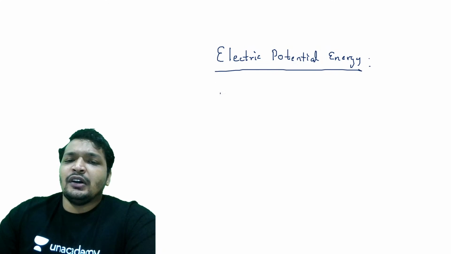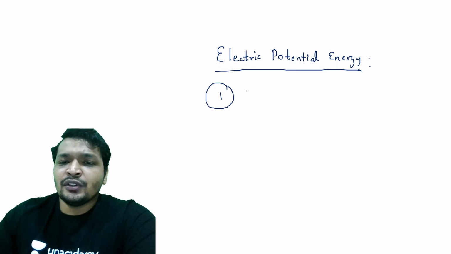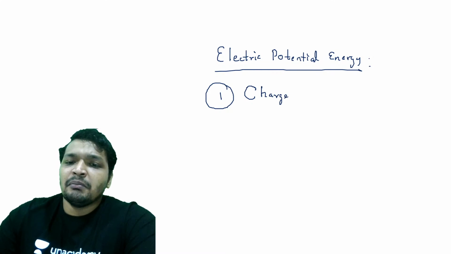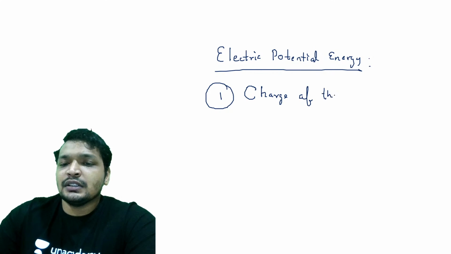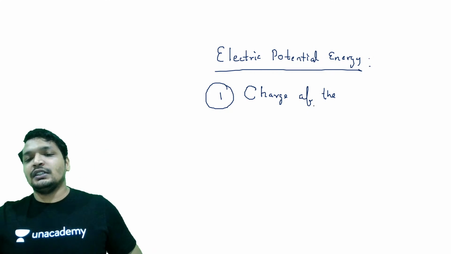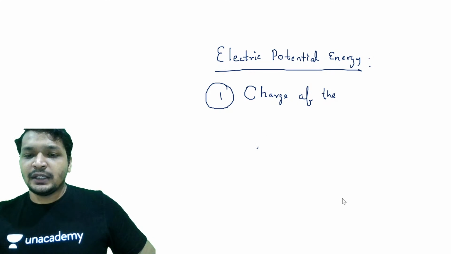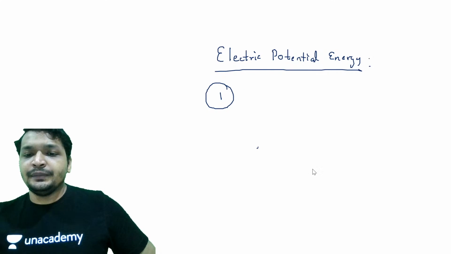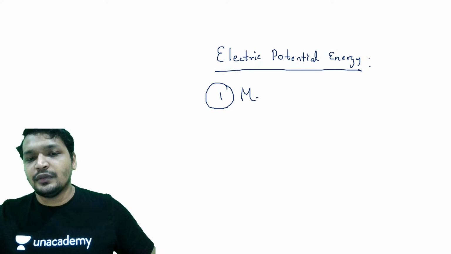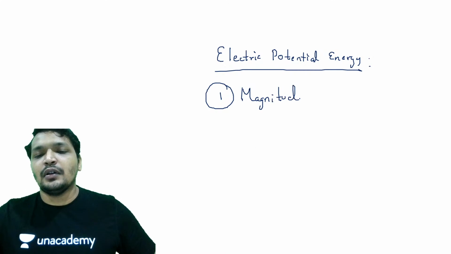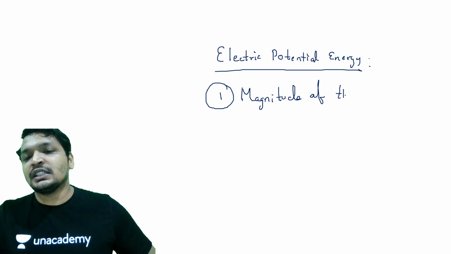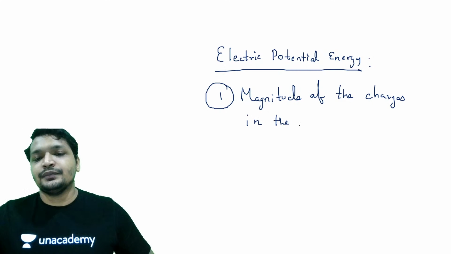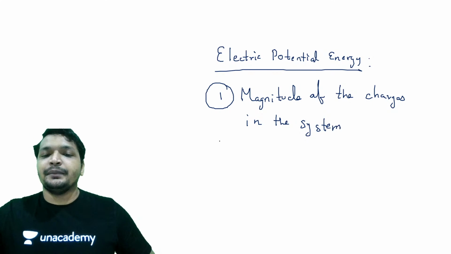The magnitude of electrostatic potential energy depends upon two things. One, the value of the charge, or the magnitude of the charges in the system, all the charges in the system, and two, the distance between them.